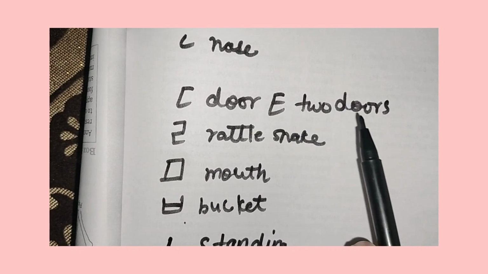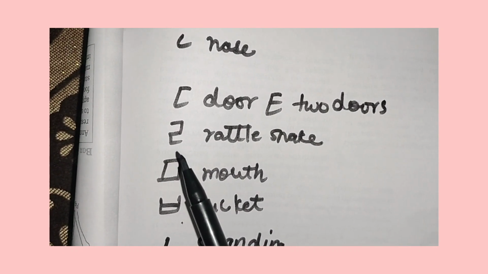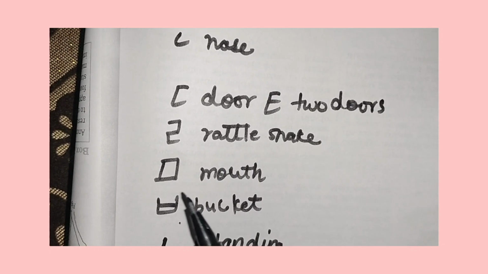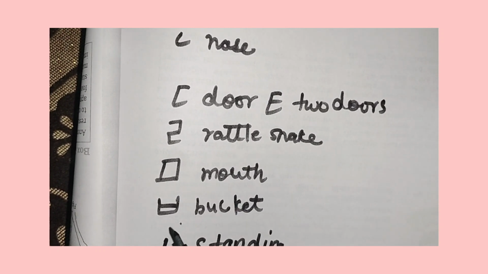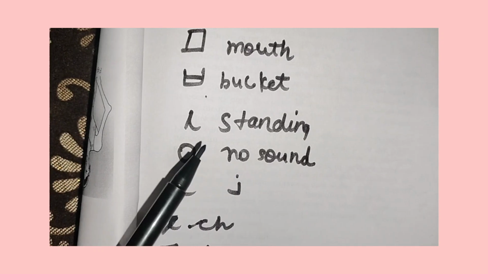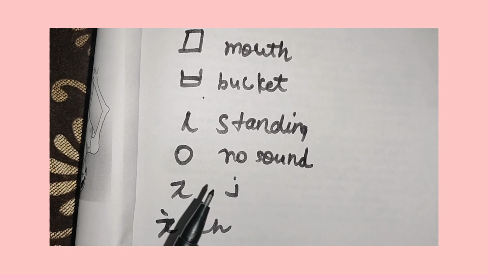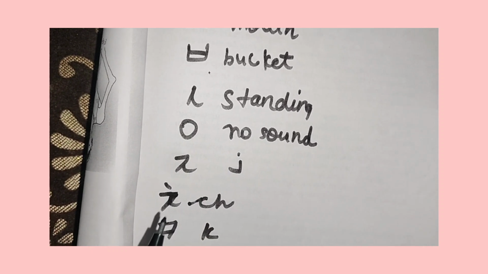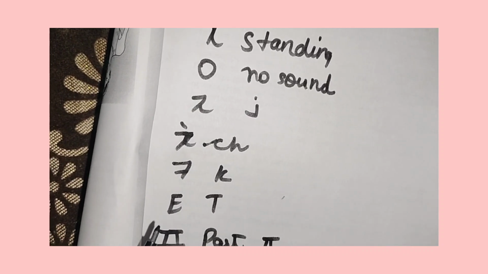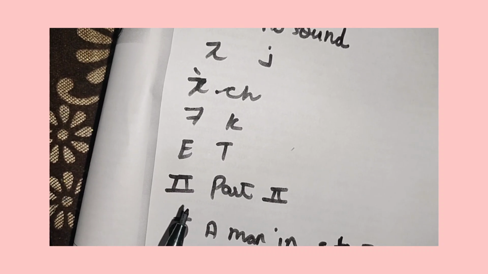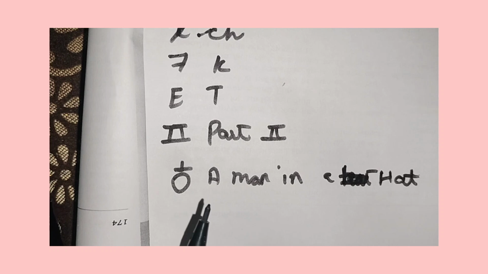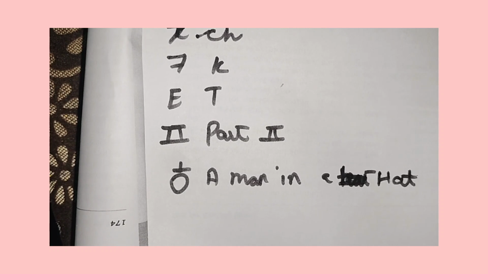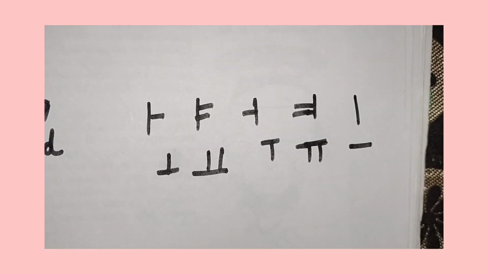T, two doors. R, rattlesnake. M, mouth. B, bucket. S, standing. Ear has no sound. Z, D, T, K, T, P, hat too. H, a man in a hat. Okay, beautiful. So next we are going to learn vowels.